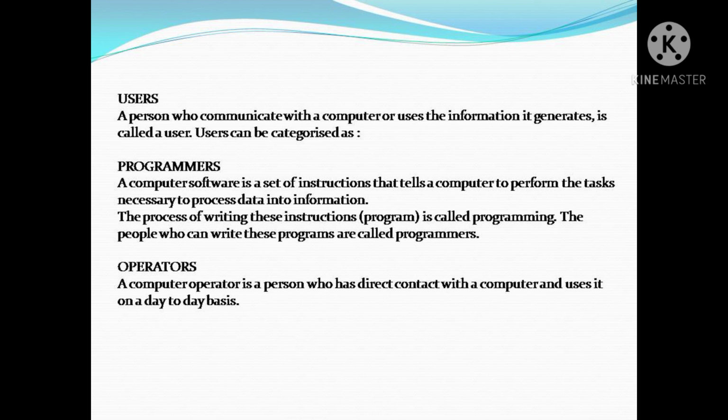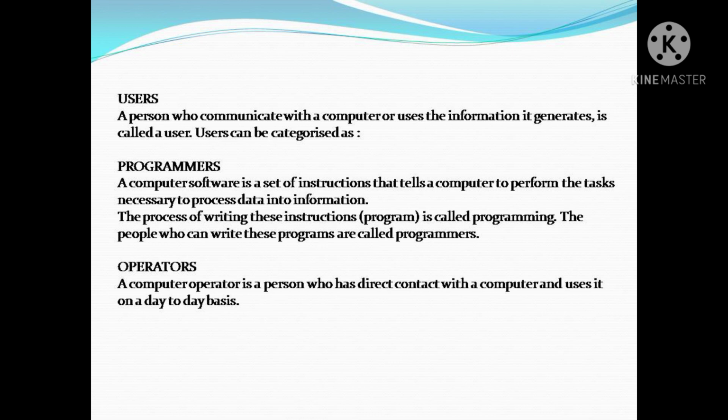Now we will see. Computer software is a set of instructions that tells a computer to perform the tasks necessary to process data into information. Software is a set of many instructions we put in, and then we make one program.